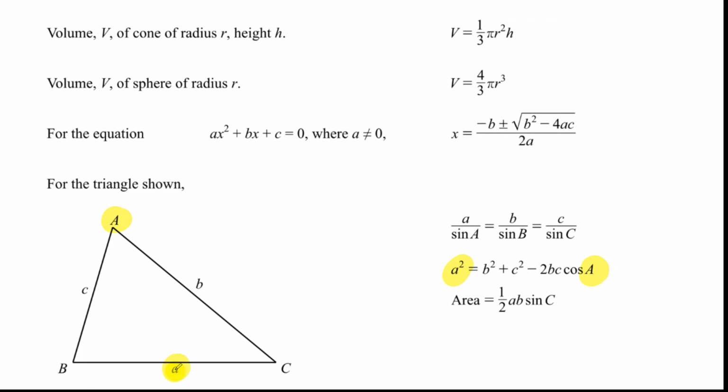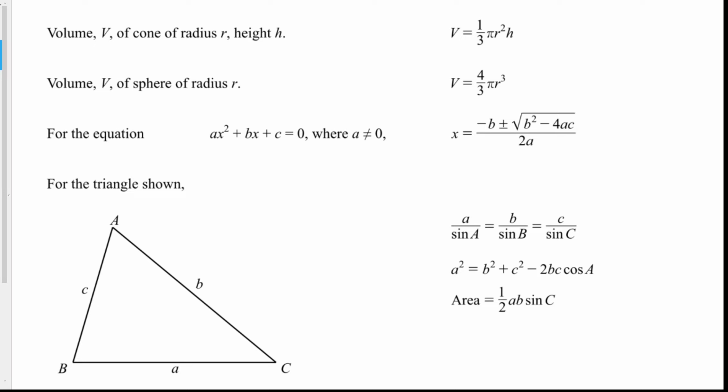If you're trying to find this side, then you have this squared plus that squared minus 2 times this times that times the cosine of this angle. It's not just random lengths that you put here.